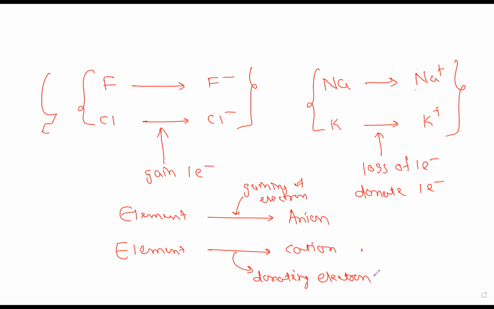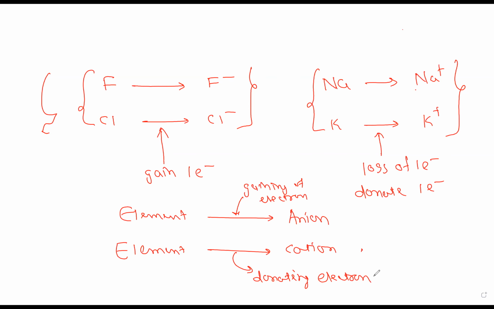All right, so if you want to convert an element into an ion, an anion, it will gain one electron or maybe two electrons, right? For an element to convert into a cation or positive ion, it will be donating electron. All right, do you guys follow this?